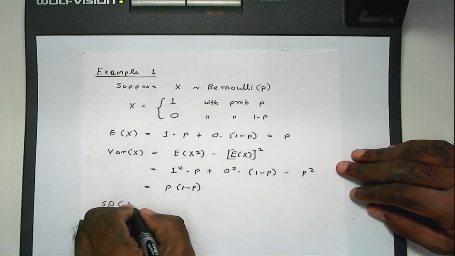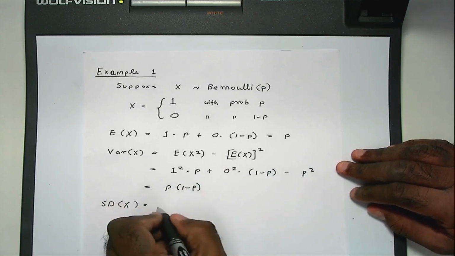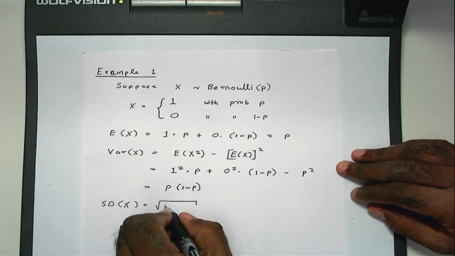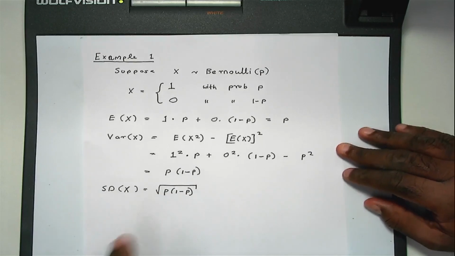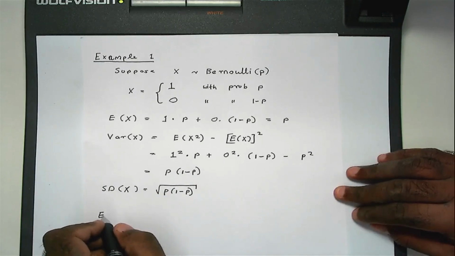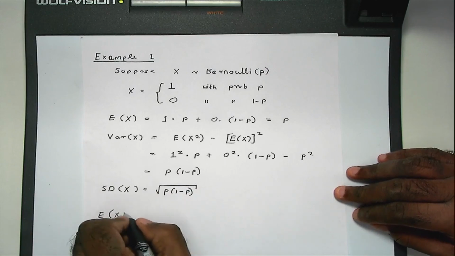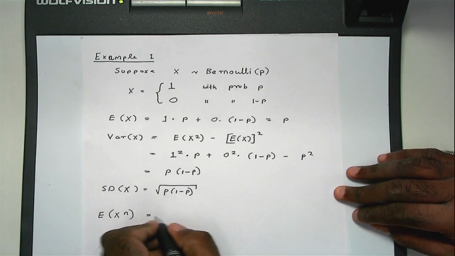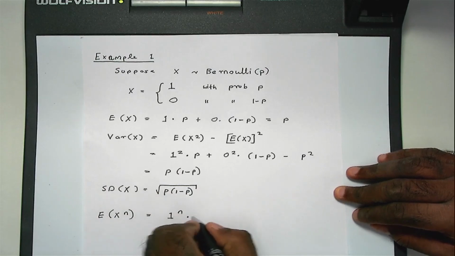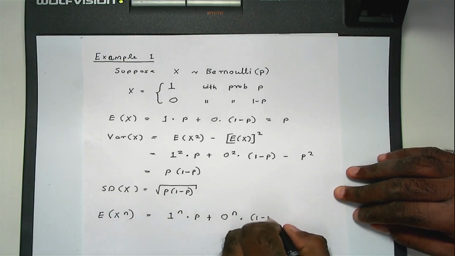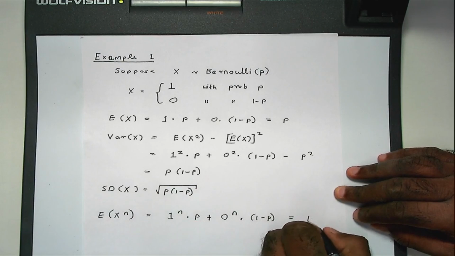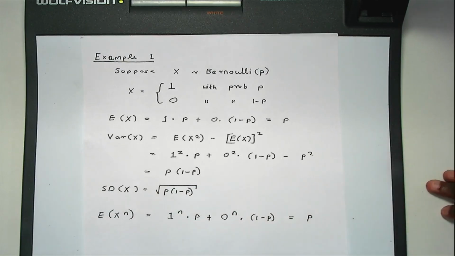So that's simply the square root of the variance. Okay. And the next thing we talked about is the nth population mean, which is this, and this will be, right, equal to p. All right, so this is a simple example on the 4 measures I mentioned in the previous slides.